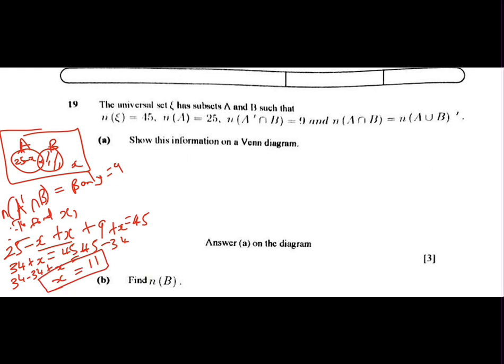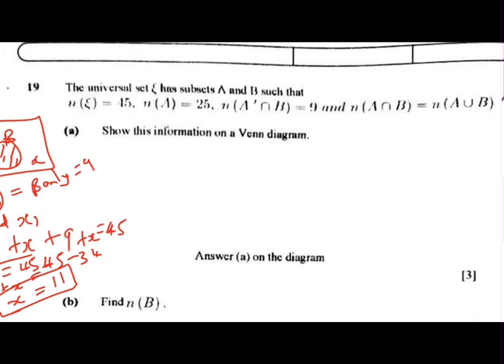Now it's very simple from here onwards. What we simply do is rewrite the Venn diagram using the information we've calculated for A, for B and for the intersection. I'm going to draw our Venn diagram here, A and B. For A only it's 25 minus the intersection 11, so it will be 14.